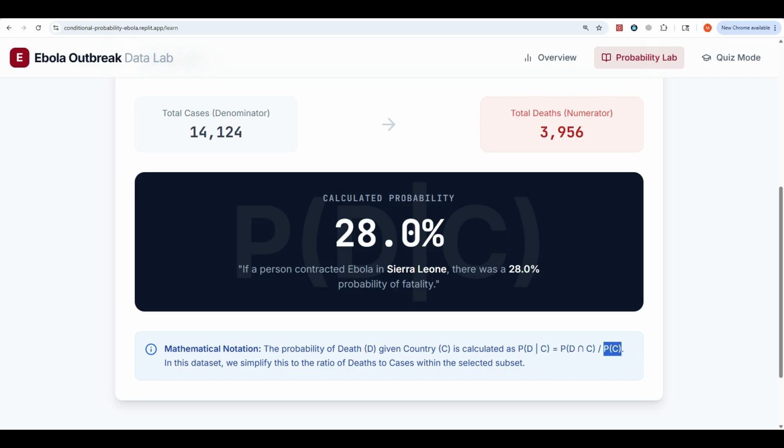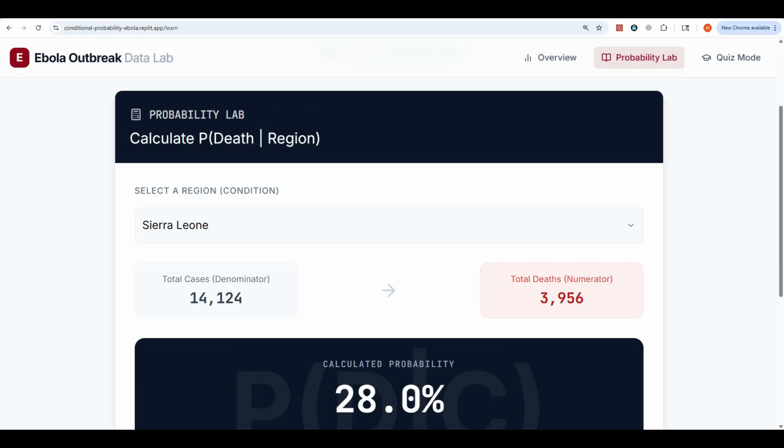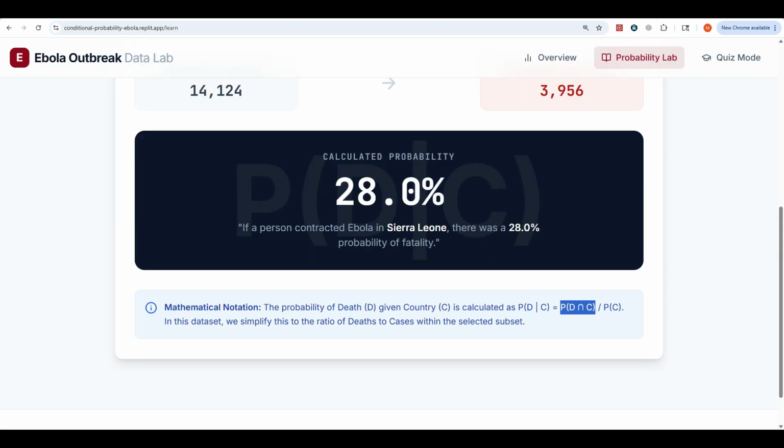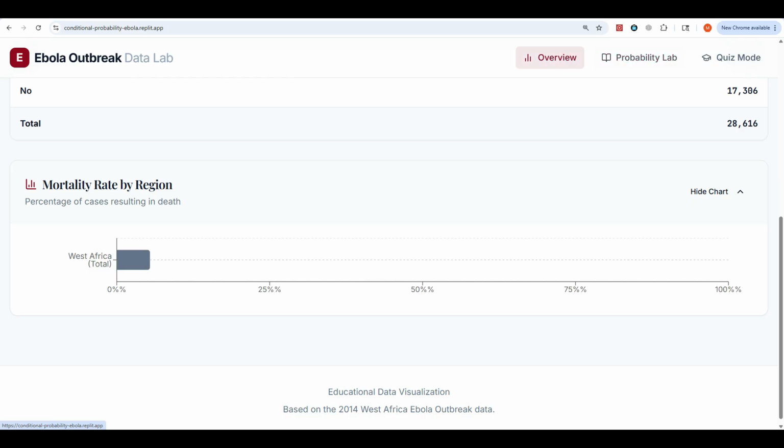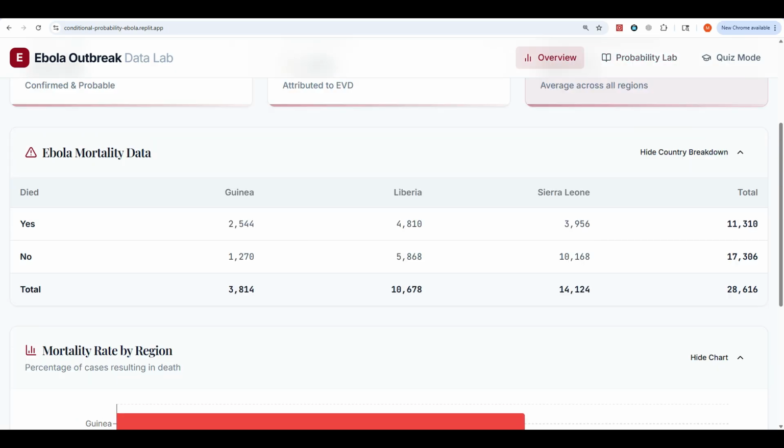So with these in hand, you could go back to that table and say, hey, let's identify the Ebola cases that make up this event. Let's say we're talking about the country here of Sierra Leone. So the probability of death and Sierra Leone, where is that in the table? And if you come back to this table, you can say, well, here are the cases that were in Sierra Leone and died.